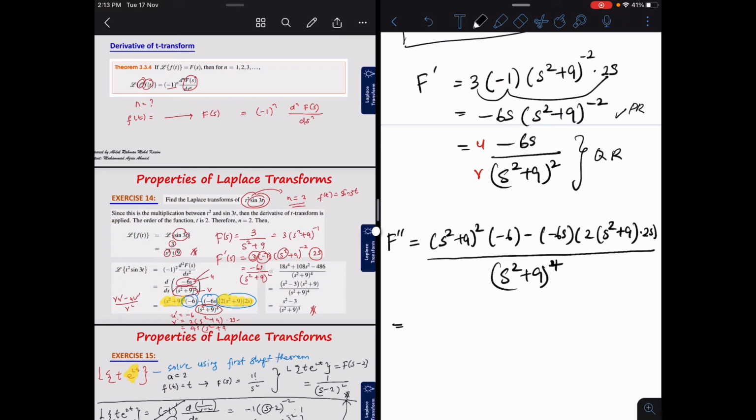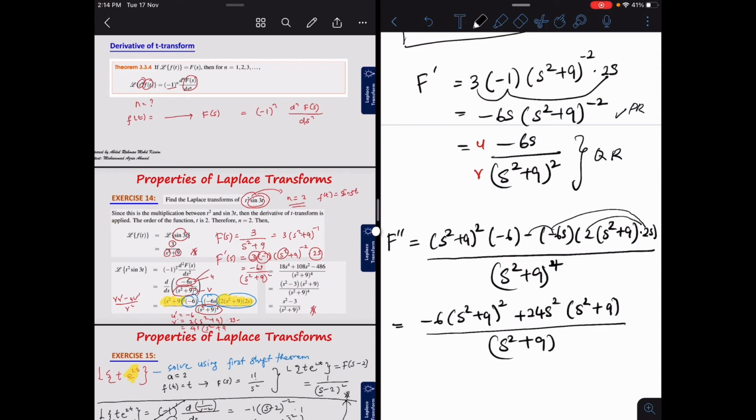So we expand it. What we'll get: negative 6 s squared plus 9 squared over here. And then we can combine this one and this one, and also this one, so we will have 24. We have positive 24 s squared, and then we have s squared plus 9 over s squared plus 9 power of 4.